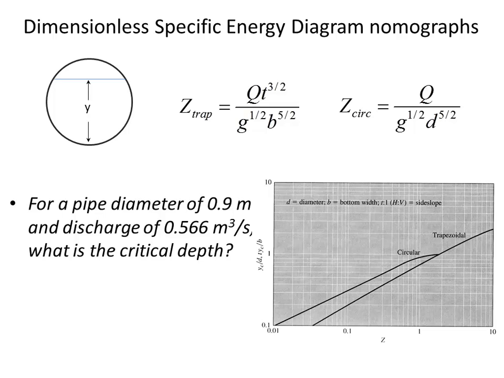But we start by calculating this z factor, Q divided by g to the 0.5 power and D to the 2.5 power.